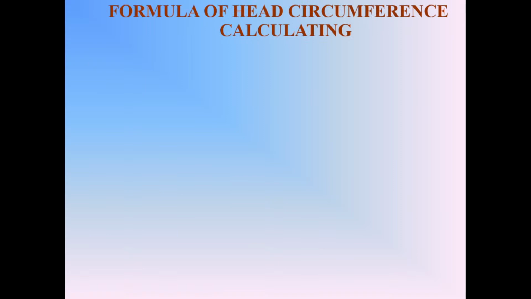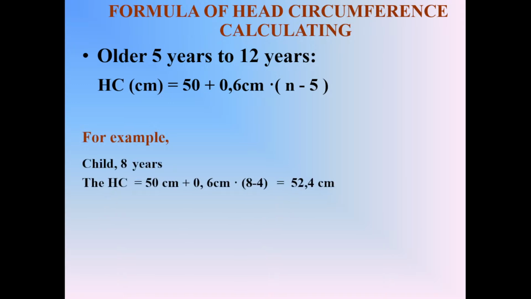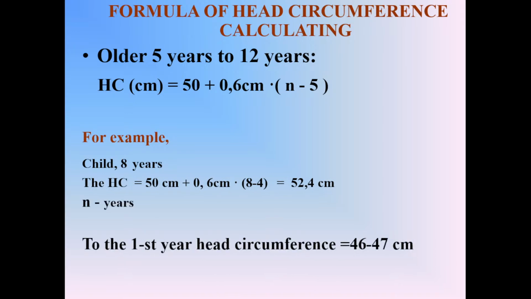Formula of head circumference calculating for older children, from 5 to 12 years old. You can see this formula and the example: a child of 8 years old has head circumference in average nearly 52 centimeters.